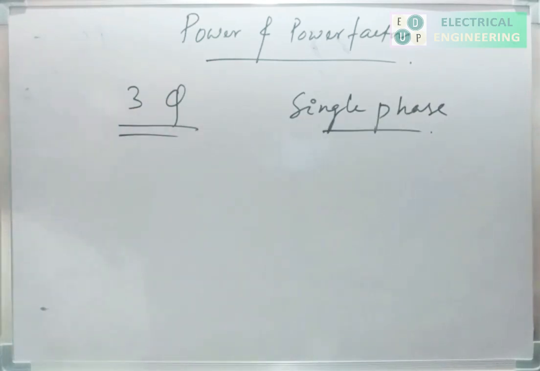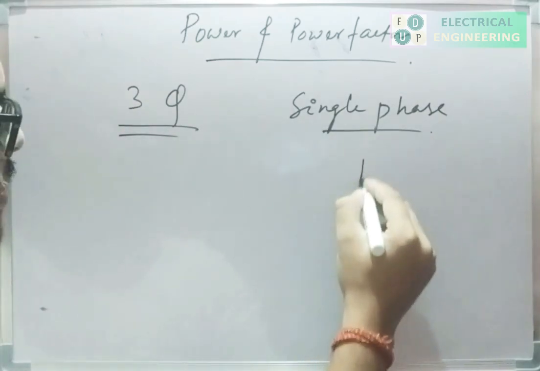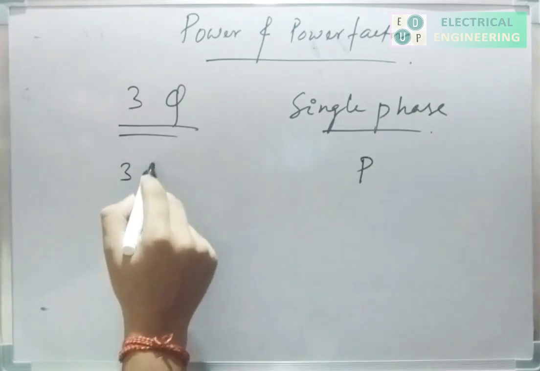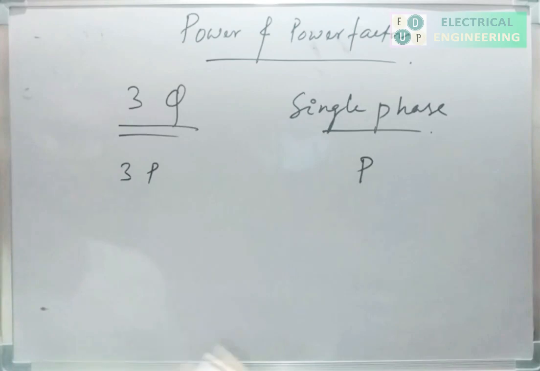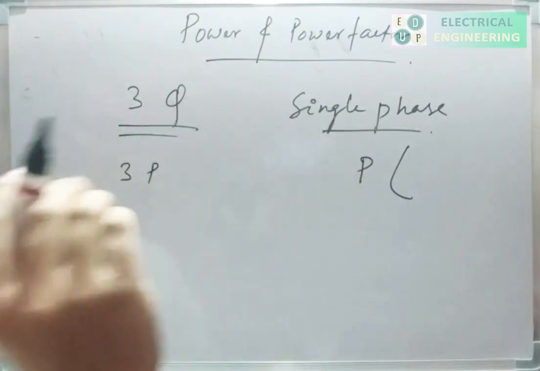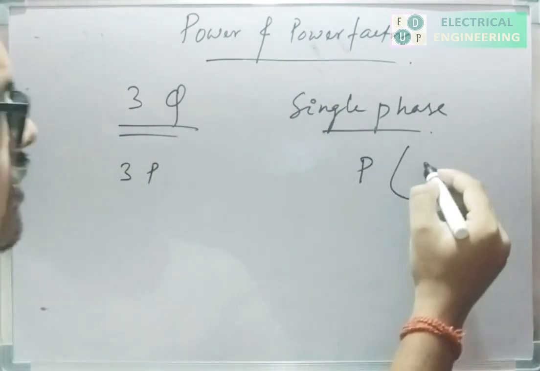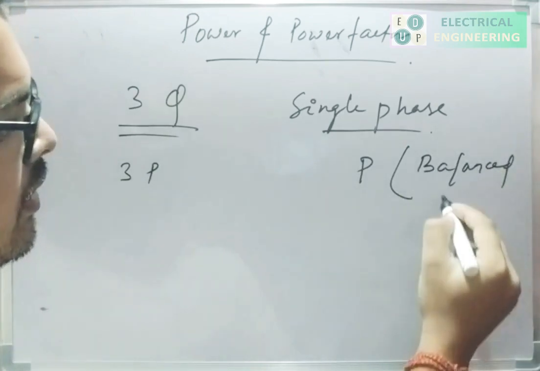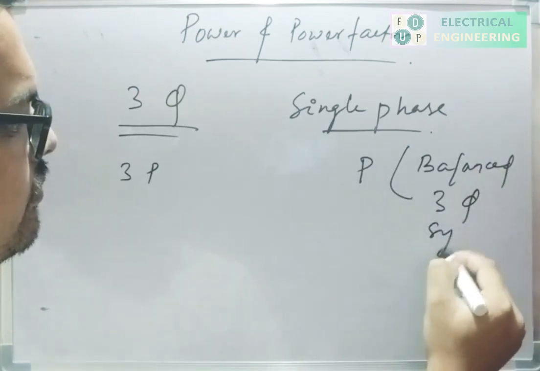If in single phase the power is P, it will be 3 times P in case of a three-phase system, if the three-phase system is a balanced one.